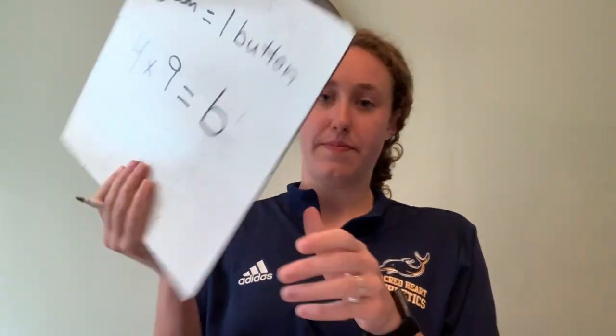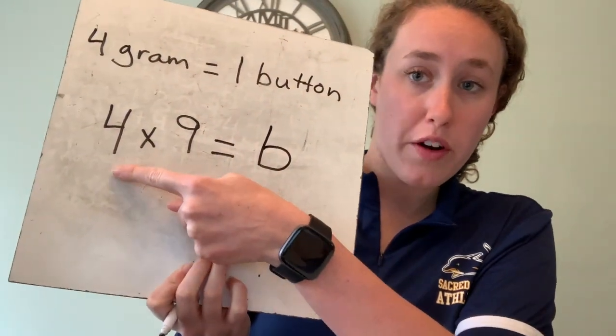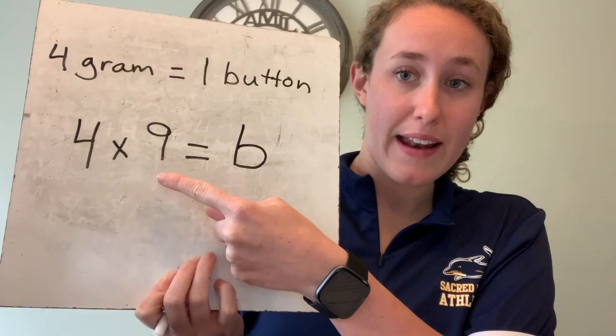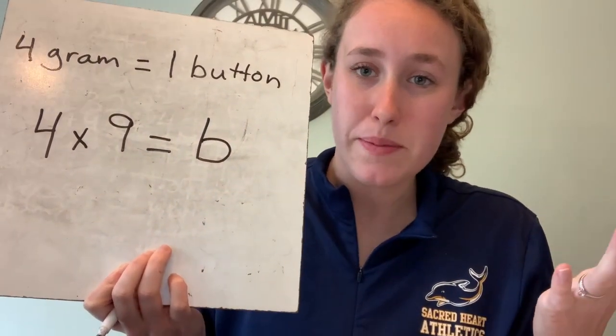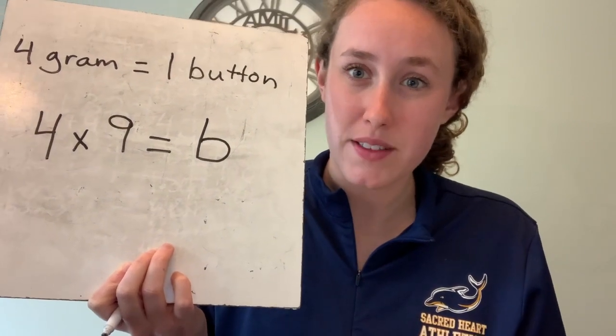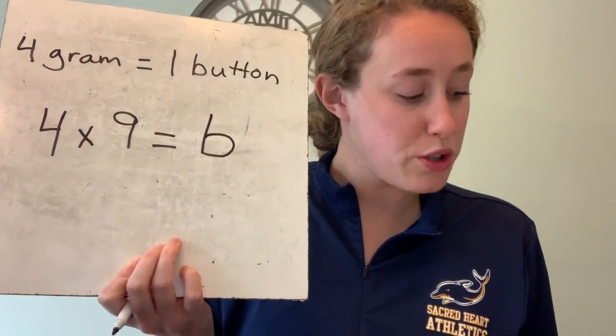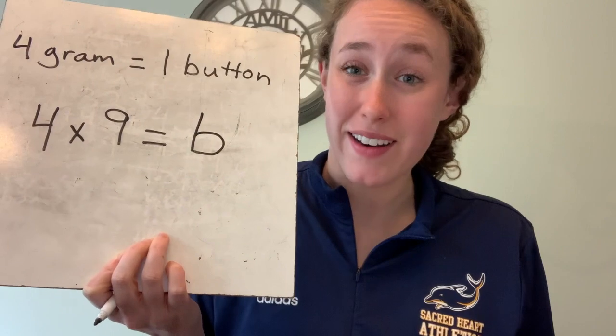We're trying to find the mass of how many buttons? 9 buttons. Our equation should look like this. Four grams times 9 buttons equals B. I chose B because B would stand for buttons. This is what you should write down on your line now.